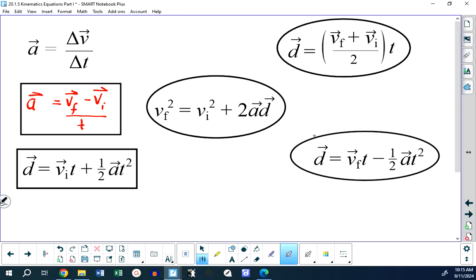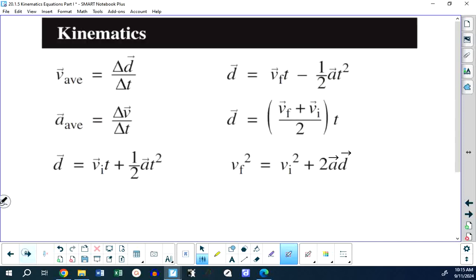Now let's talk about your formula sheet. So get your formula sheet out, please. And there, it's a little blurry, there is a clipping of the formula sheet. So first of all, there's more under kinematics, right?